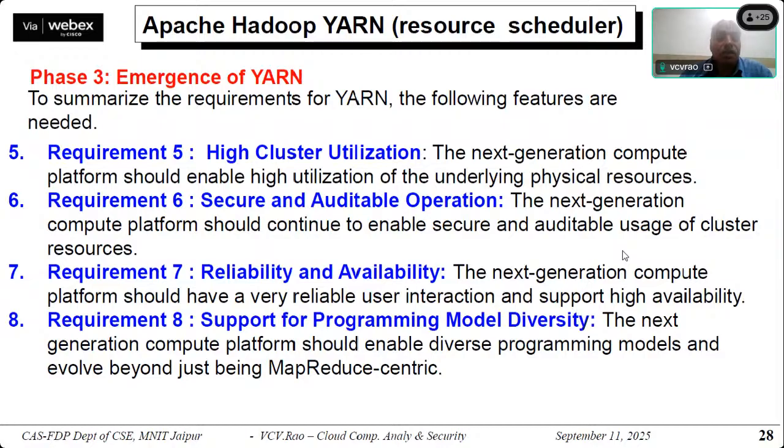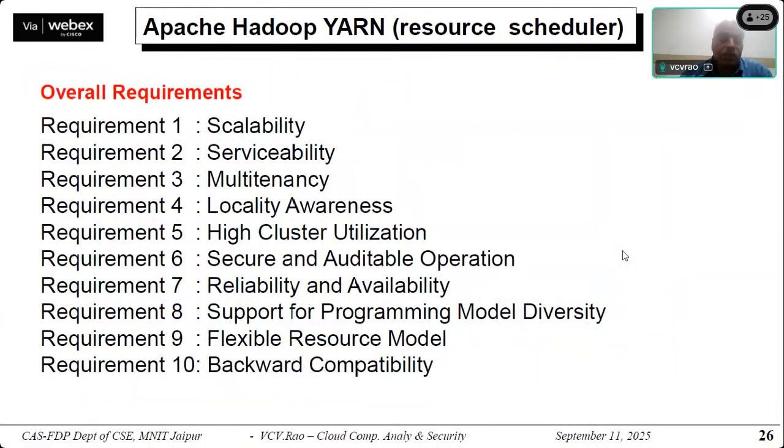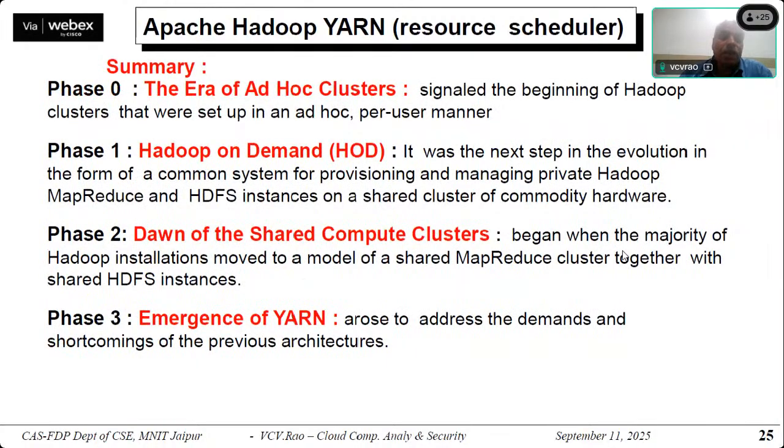If you see the last 15 years, how Yarn has evolved, in the era of Hadoop on demand, similarly for high-performance computing clusters 20 years ago, we did not have a complete single system image at the software stack, at the complete user level. Today we have the single system image. That means users can seamlessly run jobs on a high-performance computing cluster. Similarly, users can run jobs on a high-throughput computing cluster also.